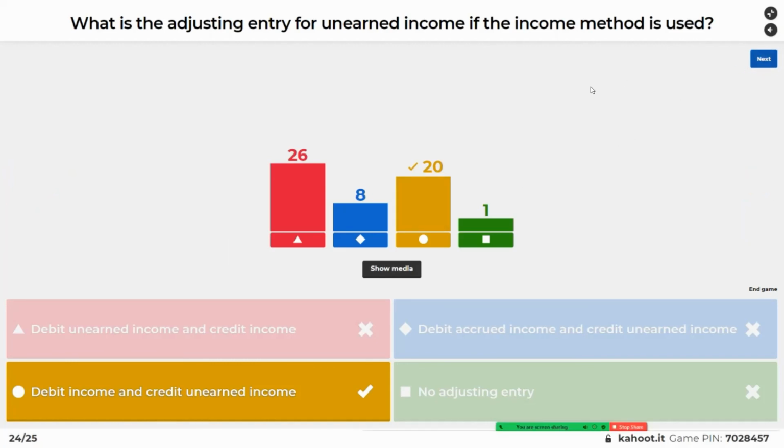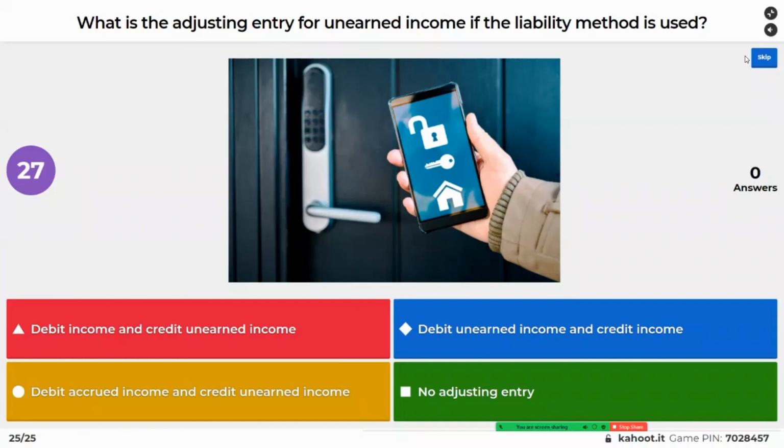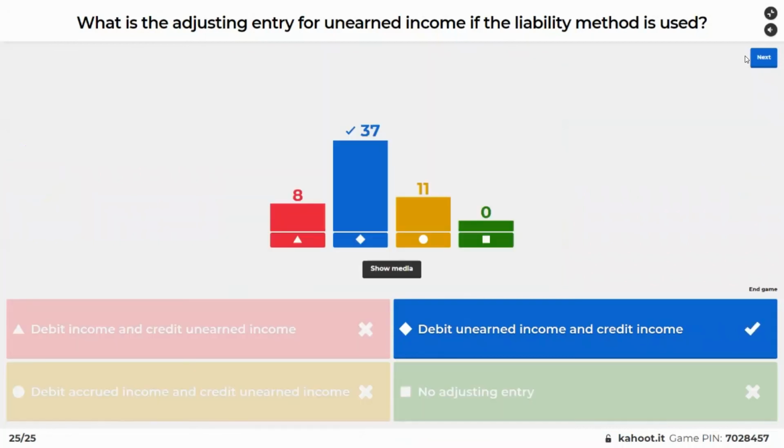So 20 got the correct answer. And we're down to our last question. What is the adjusting entry for unearned income if the liability method is used? Okay, so it's a debit to unearned income and credit income.